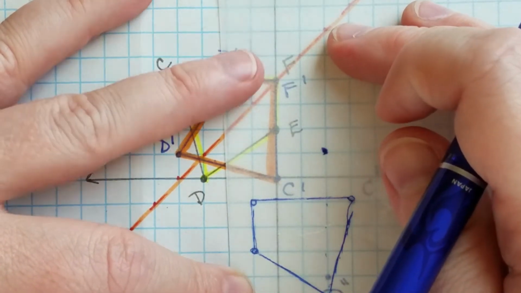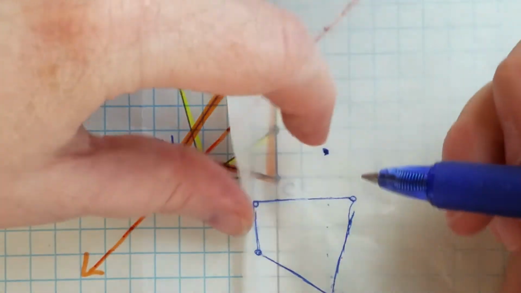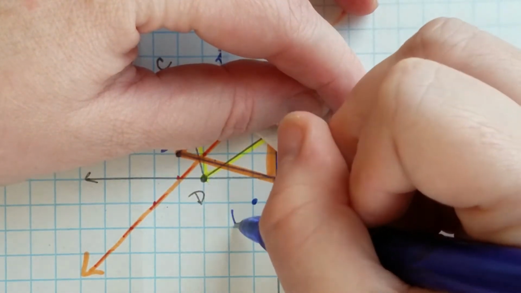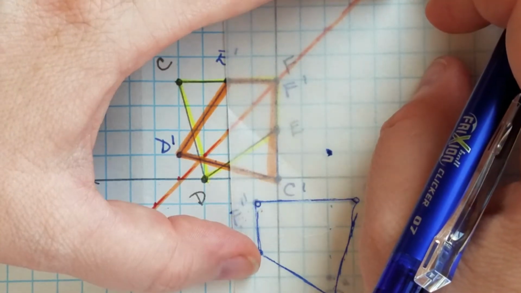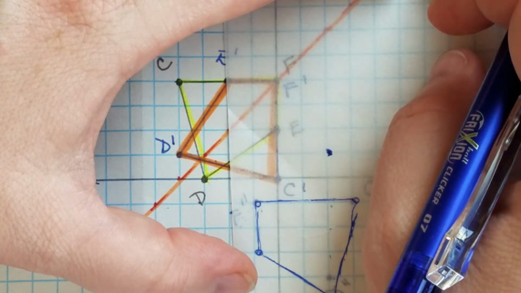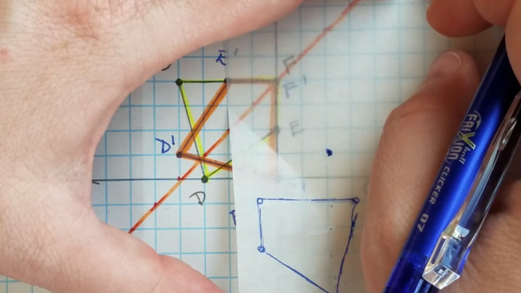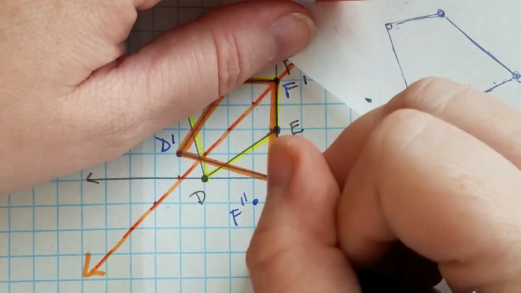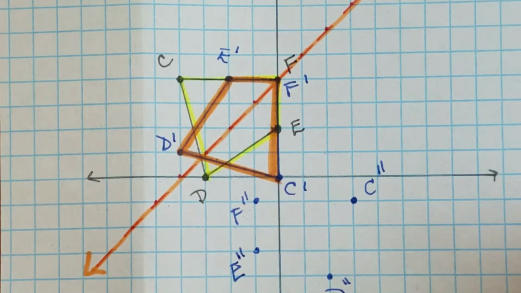Then we're going to have F double prime right here. And last but not least, we'll have E double prime right here. All right, so let's go ahead and connect our dots.